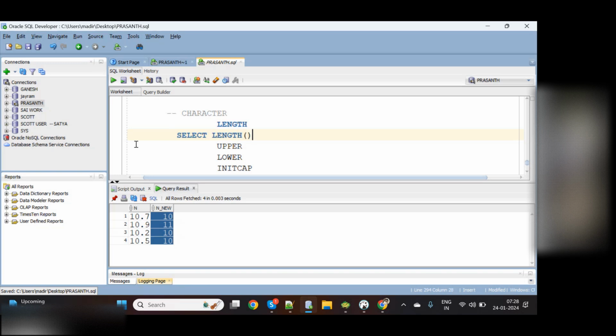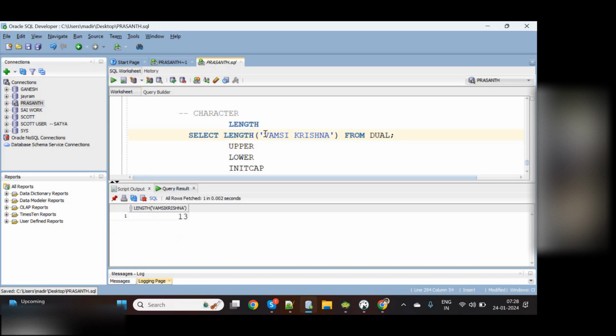So I want the length of Vamsi Krishna from dual. It finds 5 for Vamsi, and Krishna is 7, so 12, but it is also calculating the space.